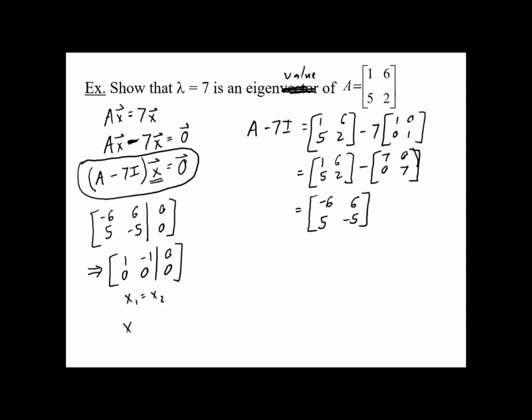In other words, x is equal to the vector 1, 1 times some parameter, and I'll just call it t. And I think this is getting more into what we're trying to prove. At this point, I've proven that 7 is an eigenvalue because this equation has more than just the trivial solution. It's got an infinite number of solutions, but certainly it's more than just the 0 solution. So 7 is an eigenvalue.